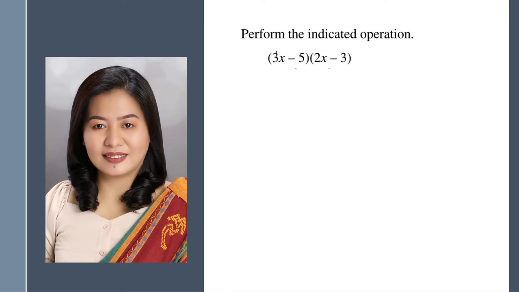This is multiplying binomials, a binomial times a binomial. So we follow the famous FOIL method, which represents the first, meaning we multiply first term by first term. So 3x times 2x is 6x squared.